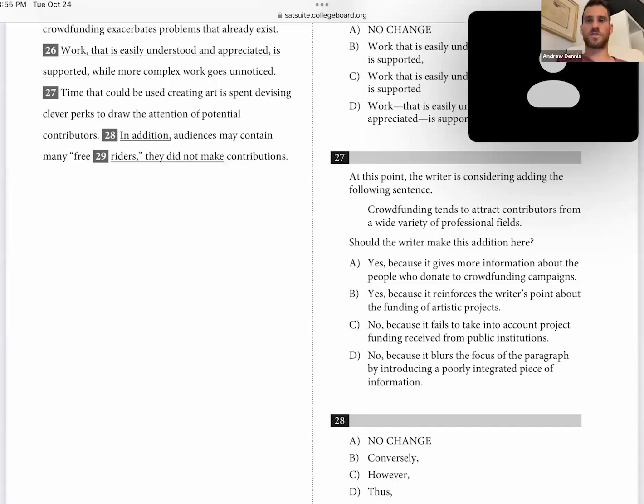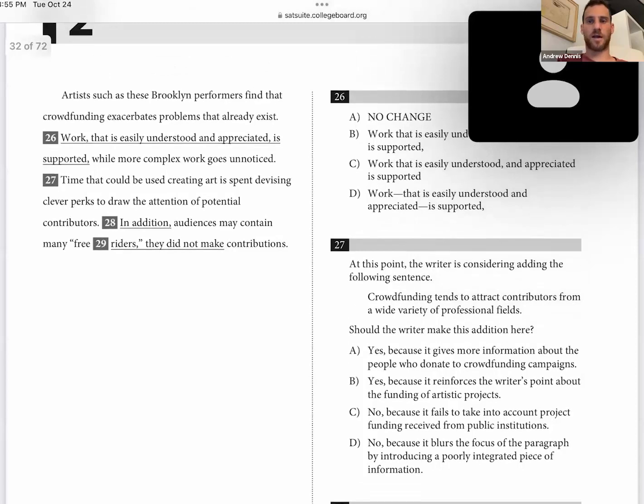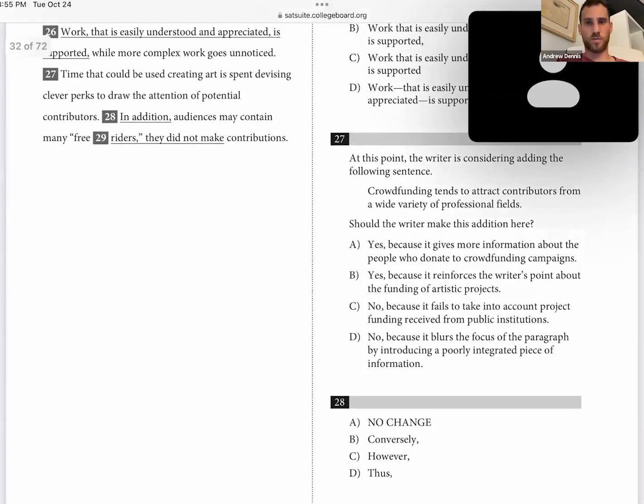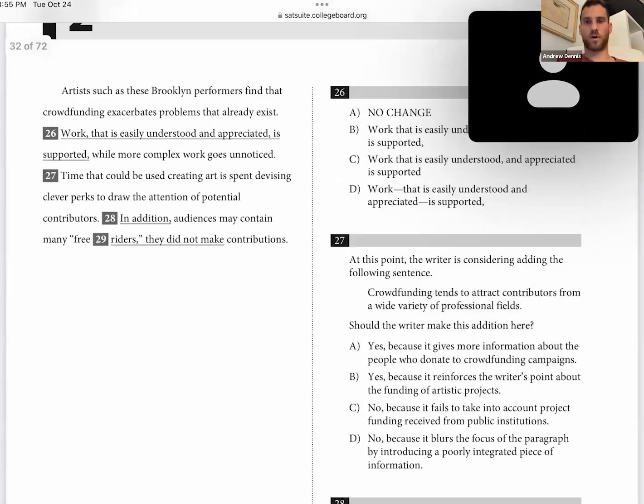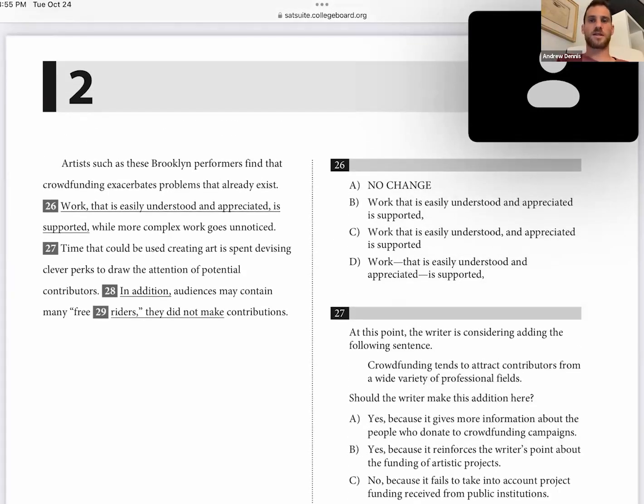These Brooklyn performers find that crowdfunding exacerbates problems that already exist. Here's one problem: work that is easily understood and appreciated is supported while more complex work goes unnoticed. Another problem: time that could be used creating art is spent devising clever perks to draw the attention of potential contributors. Another problem, therefore, in addition, is going to keep it.